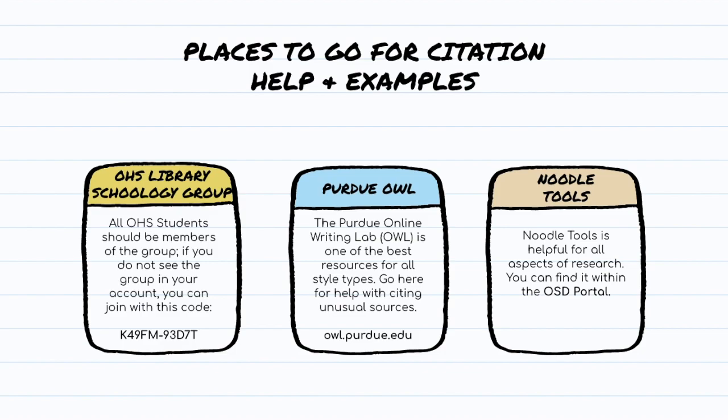If for some reason you don't find the library group within your Schoology account, you can simply join the group by adding in the code listed here, which is K49FM-93D7T, and you'll be dropped right into the group for full access.